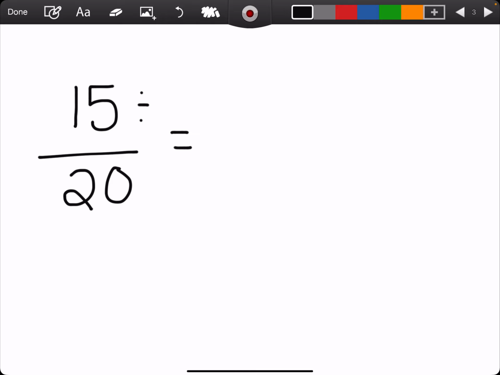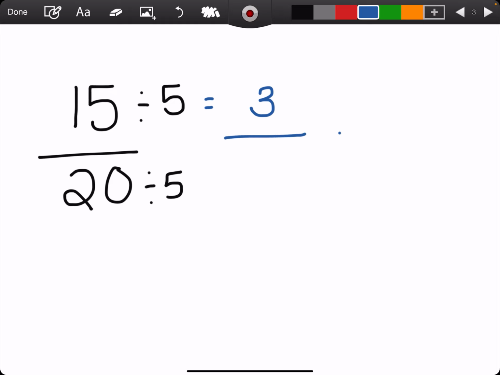3, well, 3 goes into 15 evenly with none left over. But can I do 20 divided by 3? Nope, 3 doesn't go into 20. But 15 and 20, 5. 5 goes into 15, so I can do 15 divided by 5, and I can do 20 divided by 5. 15 divided by 5 equals 3, and 20 divided by 5 equals 4.